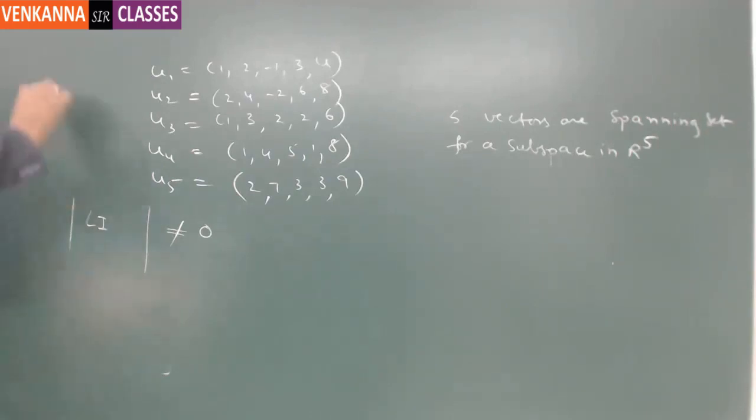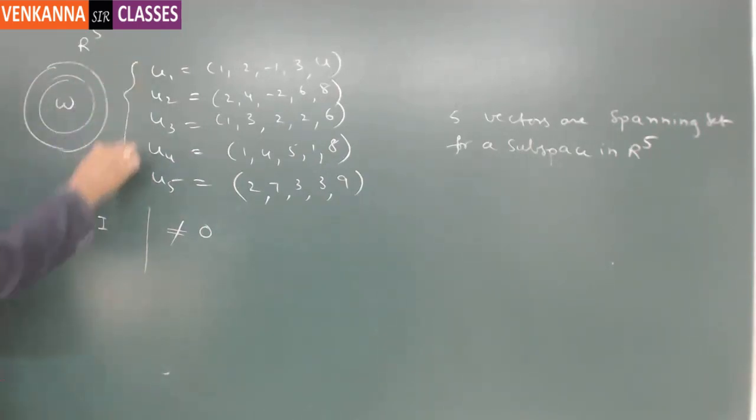So here this is R^5, and you have considered a subspace, say W. For this W, this is the spanning set. So if you remove the dependent vectors among the 5, then you are left with the independent vectors, which is nothing but the basis for W.